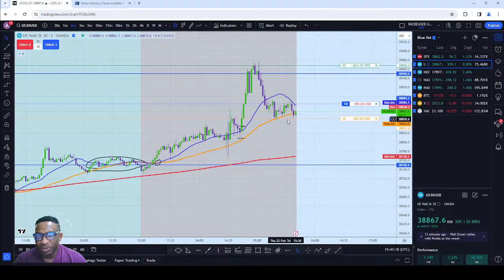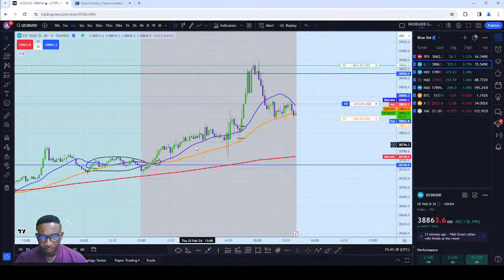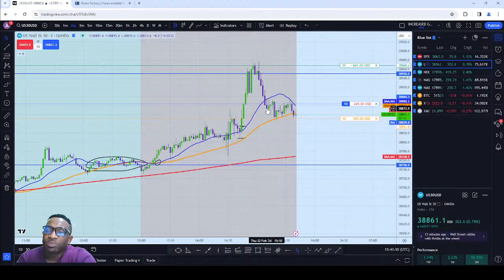The reason I entered here is because price is in between these two moving averages, so it's still in the zone. And when we talk of the 20 moving average, it's not just this single skinny line. It's an area, it's a zone. So long as price is within that zone, you consider it to be in the zone of the 20 moving average.